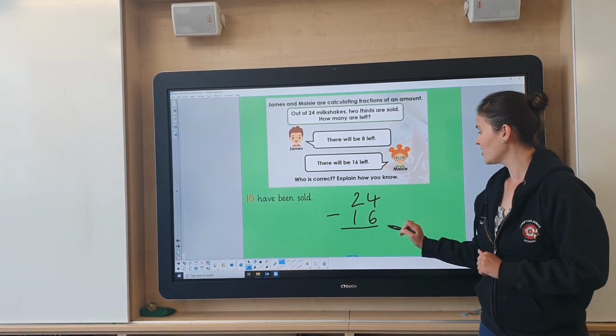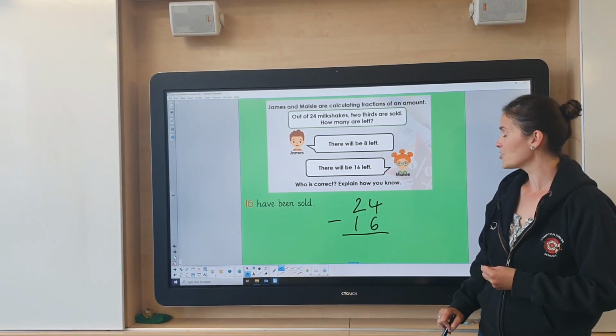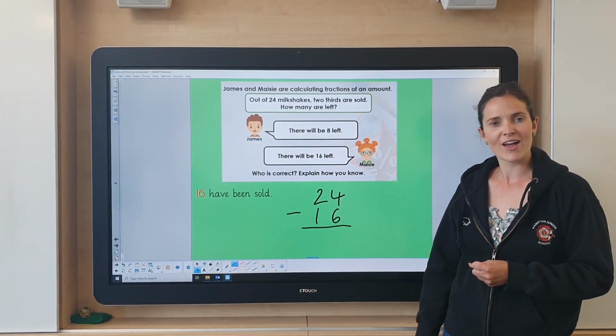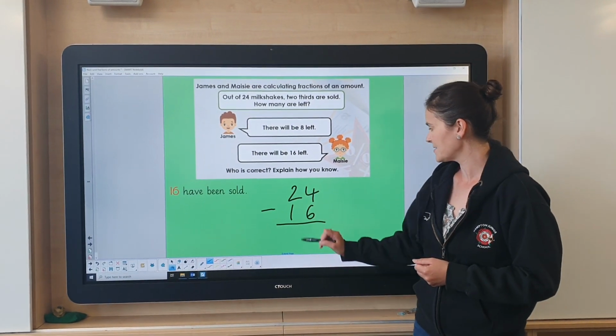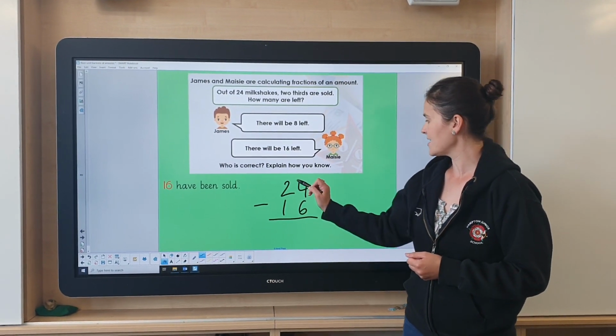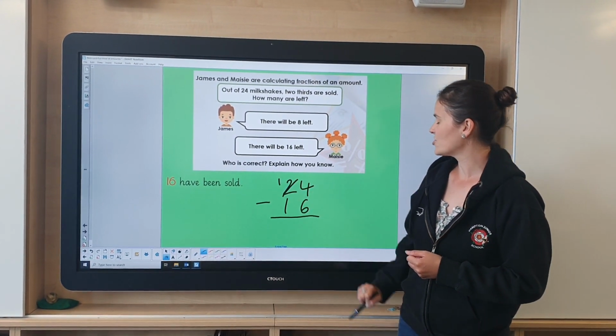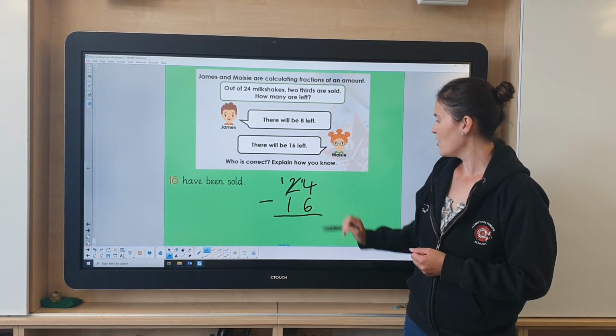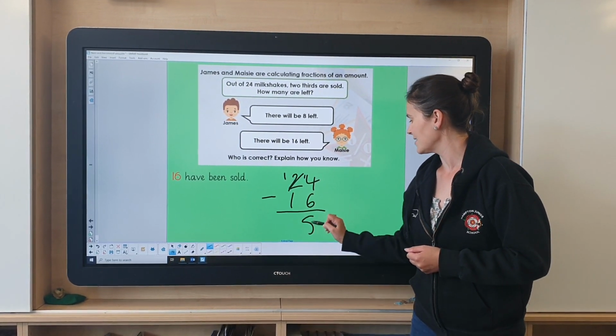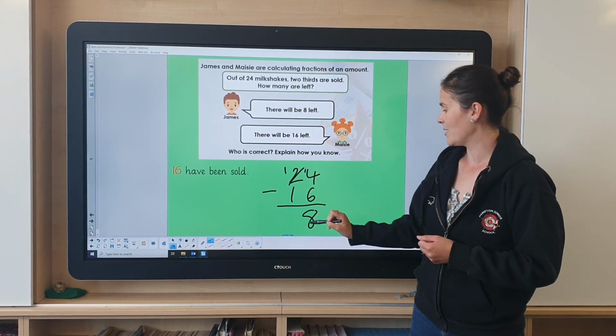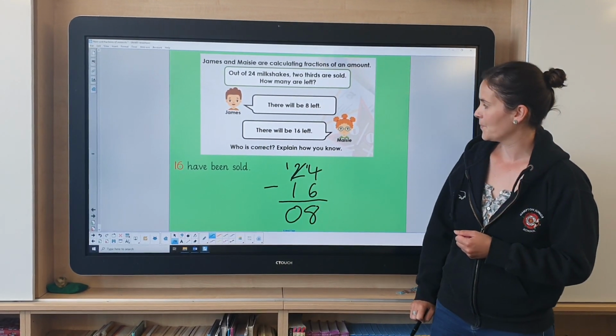Now, you can calculate this mentally if you want to, or you can use a subtraction method written down like this. So 4 take away 6, I'm going to exchange for my tens column. 14 take away 6 is 8, 1 take away 1 is 0.